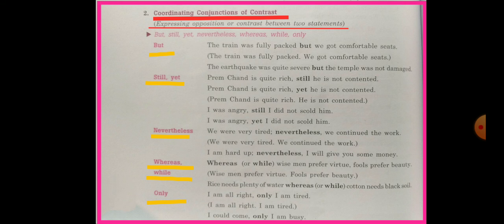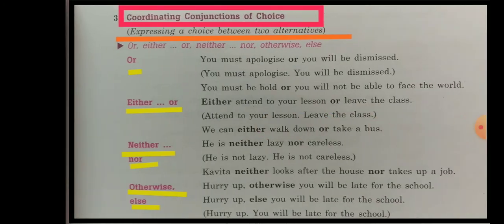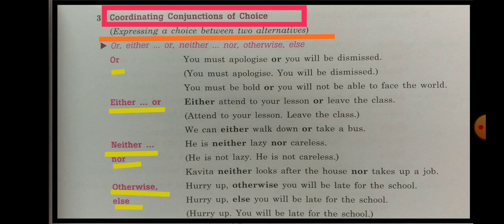Here one positive and one negative statement are joined by a coordinating conjunction of contrast. Like only: I am alright, only I am tired. One positive, I am alright. One negative, I am tired. If we have a contrast of expression between two statements, we can join them by using a coordinating conjunction of contrast.